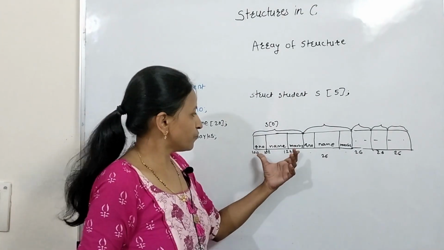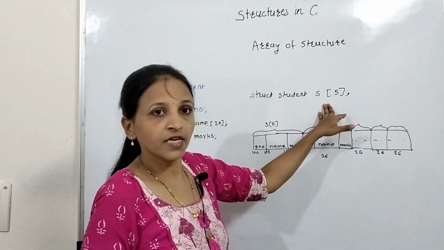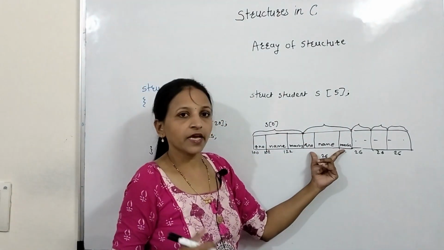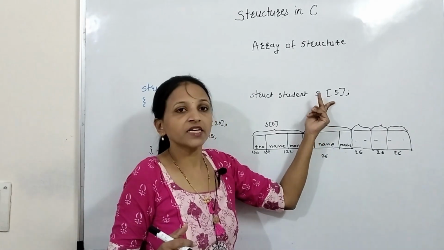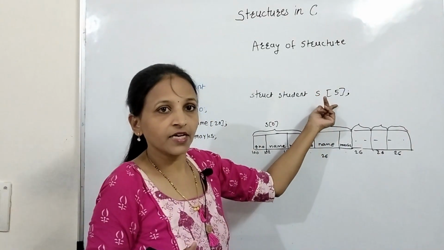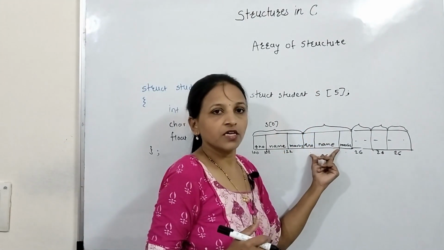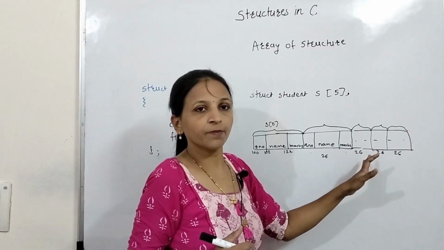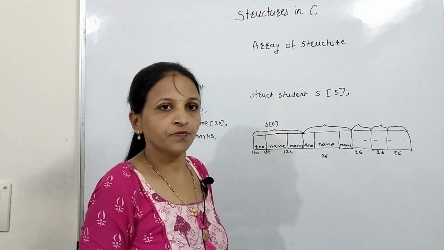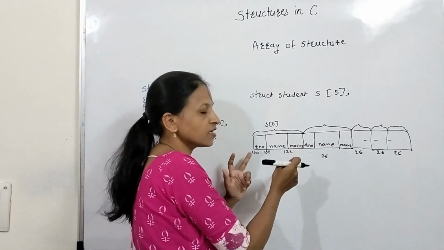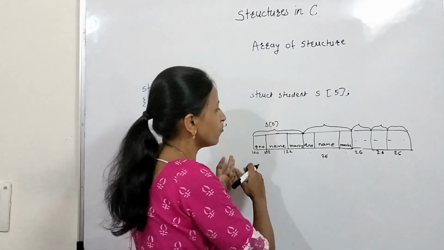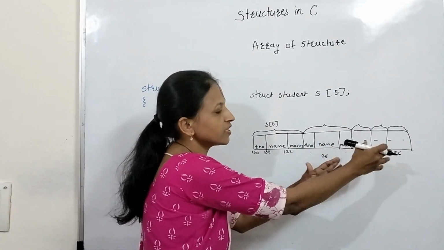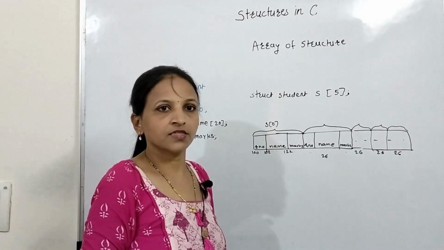That's why if the first element of that array, S of 0, is here, then contiguously the second element of that array will be here only. Here again, internally the members will be stored contiguously. Internally members are contiguous, and for the whole array, one array element and then the next one, all are again contiguous. In this way.